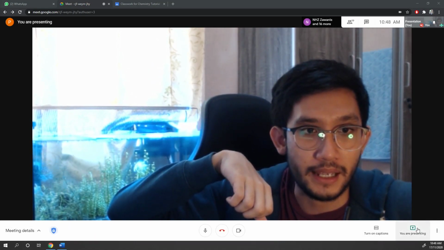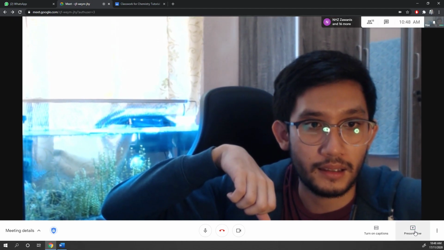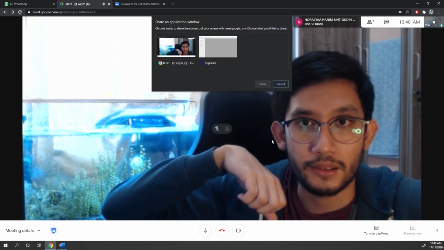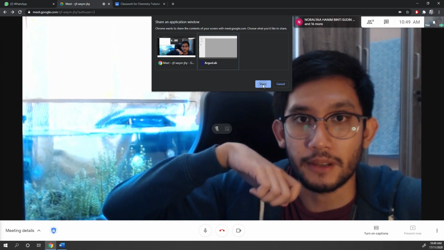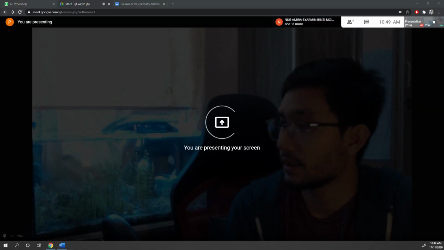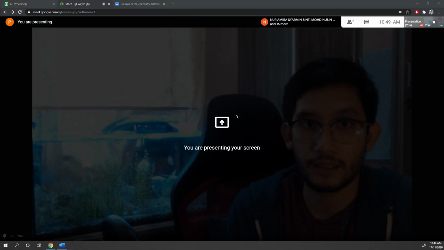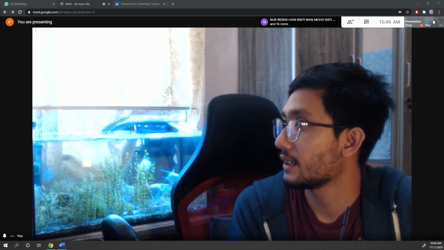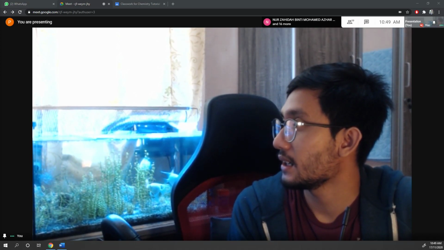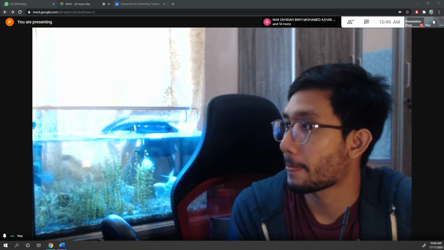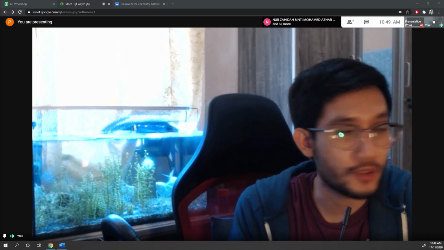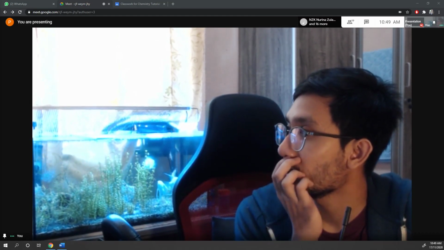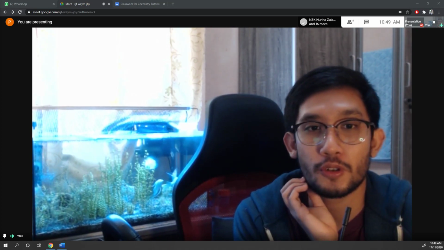Okay, awak nampak tak? This one. Nampak ke? Nampak. So this is a software where you can use it untuk draw any molecule.